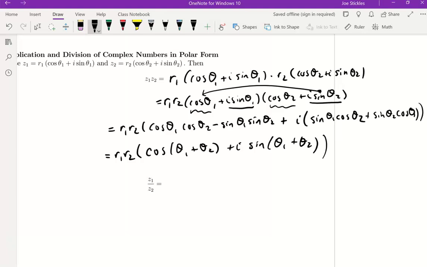So notice, if you have your complex numbers in polar form, I can multiply them together by multiplying the moduli, and we call the thetas the argument for complex numbers. Multiply the moduli, add the arguments. That's a lot easier than what you typically go through for multiplying complex numbers together.